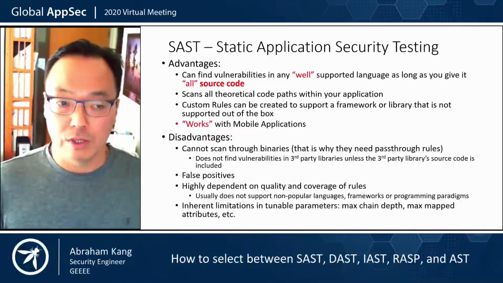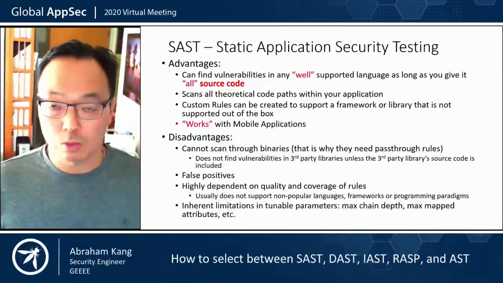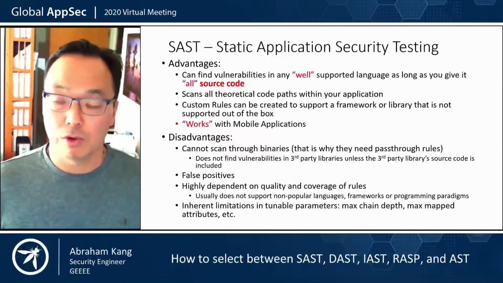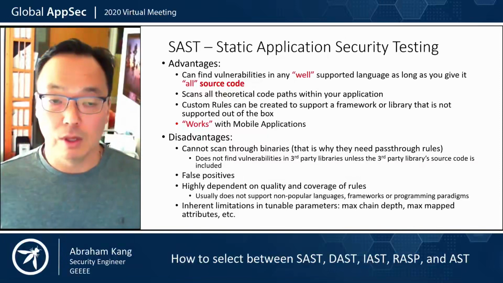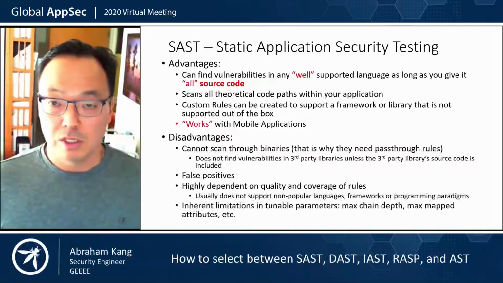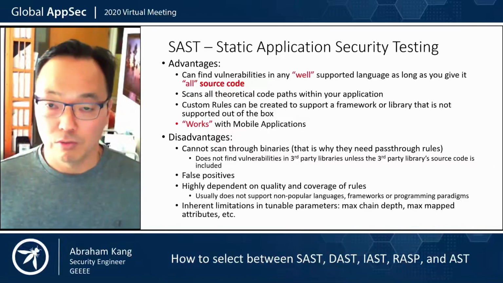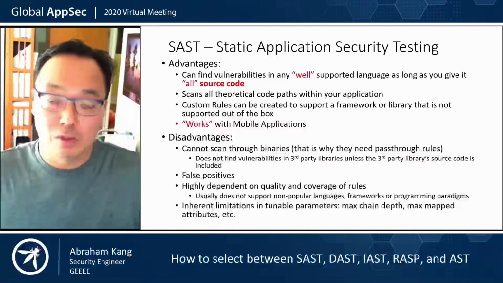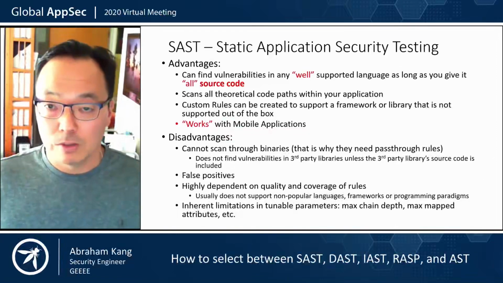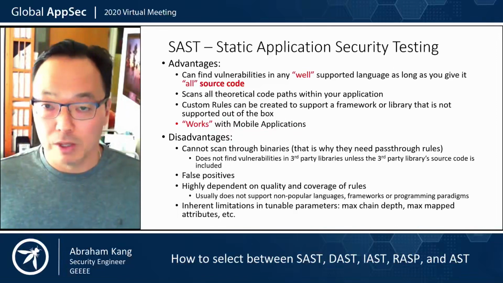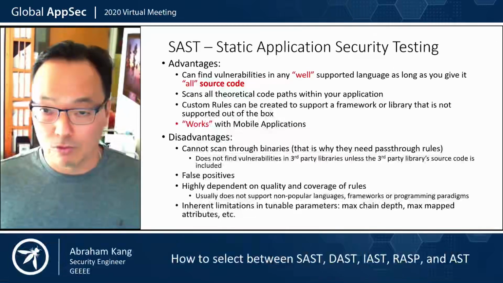Now, the other advantage of static analysis is that it will scan all the theoretical code paths within your application. So from a code coverage perspective, it's going to give you a lot of findings. In addition, custom rules can be used to support a framework or library or one of those esoteric programming models like trusted execution environments where you want to find buffer overflows and integer overflows.